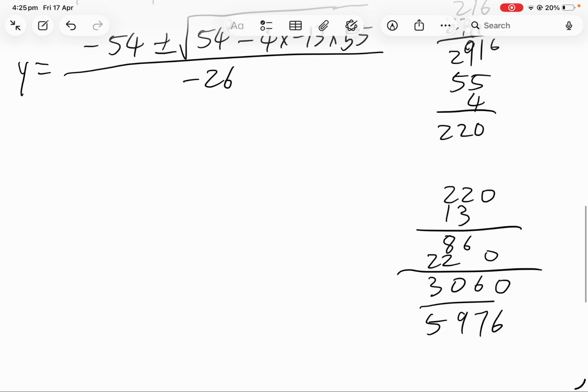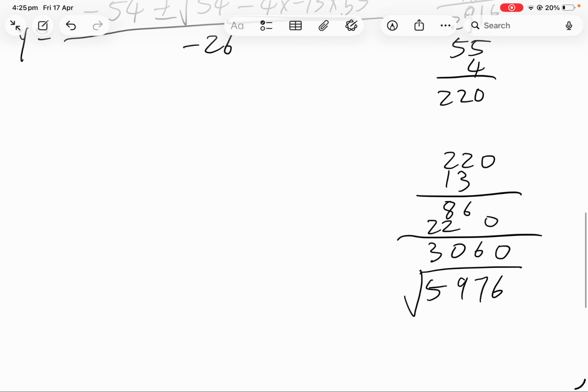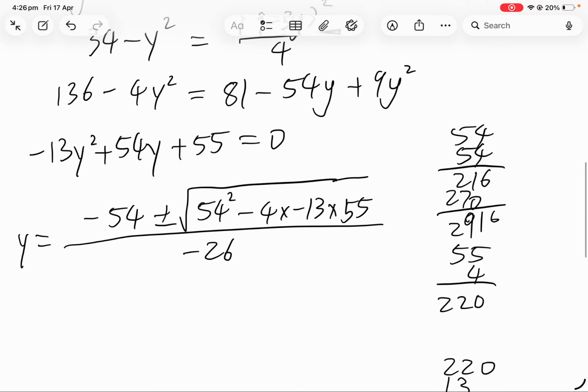Somehow we could square root that. We do need a calculator for that. I'll just do this: square root of 5976. That's not right. Wait. You know, I am right, but I think I did something wrong in the calculation, so I'll just do it again.